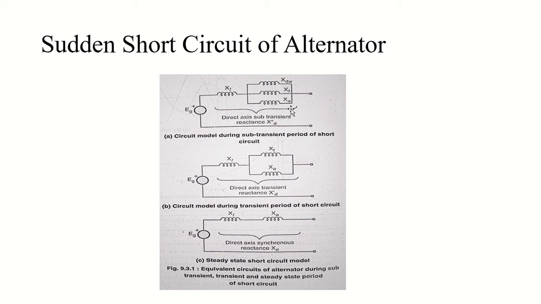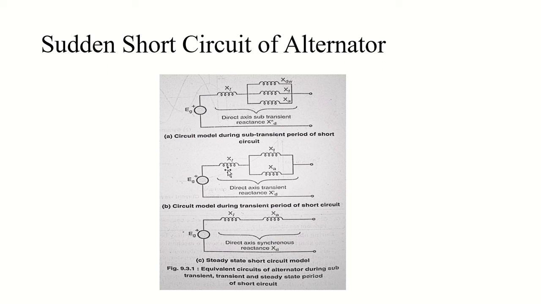Simple. Then the reactance effective after the damper winding current dies out is called transient reactance. Basically it is effective in the transient time period, and it is expressed as Xd dash.